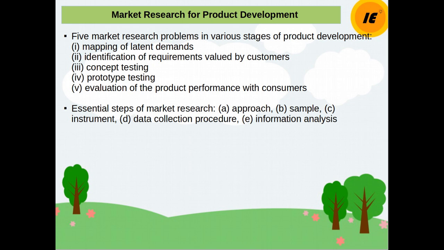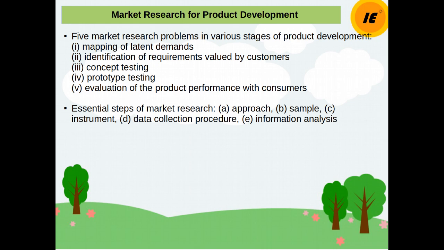Now in the previous slide we saw the six descriptive stages of market research, but here, for the sake of discussion, we try to see market research in five technical steps. First is the research approach. Second is the sample, that means how you take the sample.